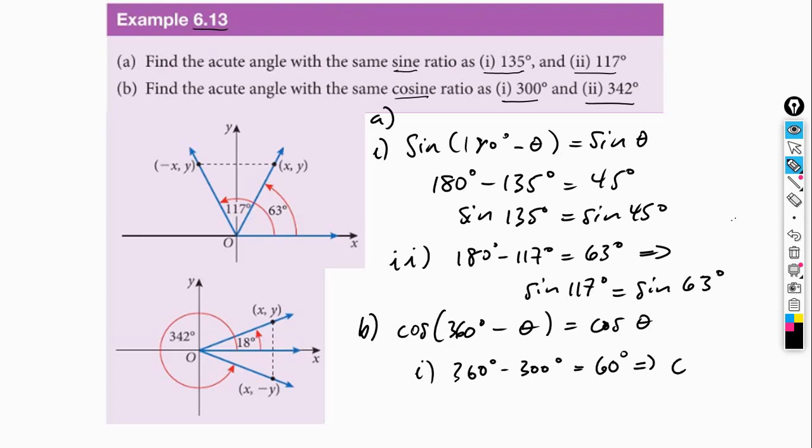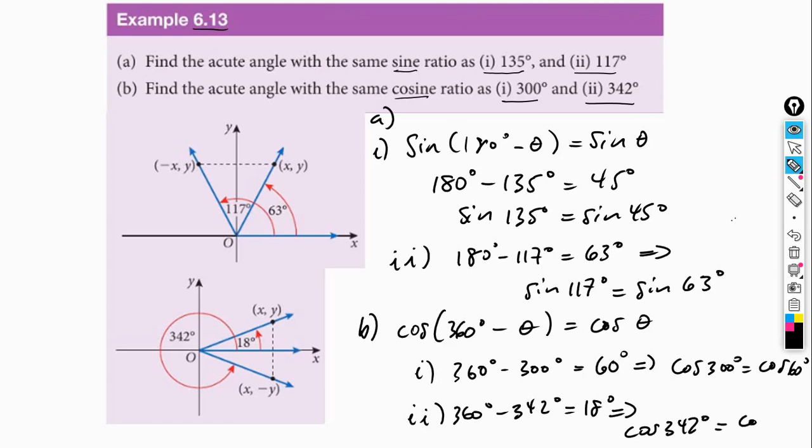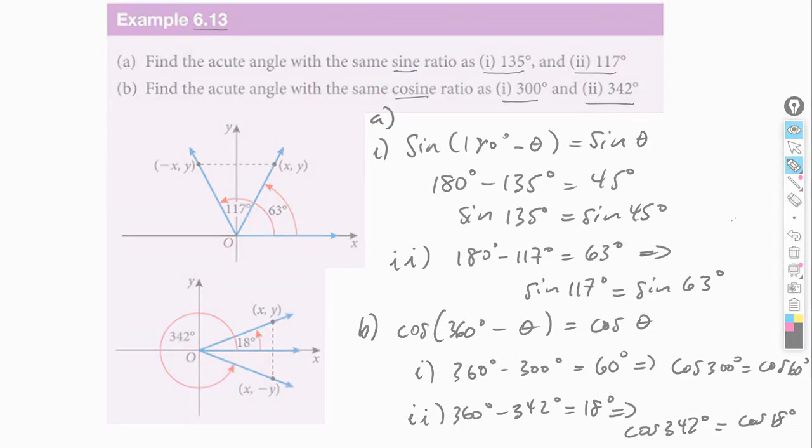Therefore, cosine of 300 degrees is equal to cosine of 60 degrees. This is a fact that we already knew from the unit circle. And then for part 2, we have that 360 degrees minus 342 degrees is equal to 18 degrees. So cosine of 342 degrees is equal to cosine of 18 degrees.